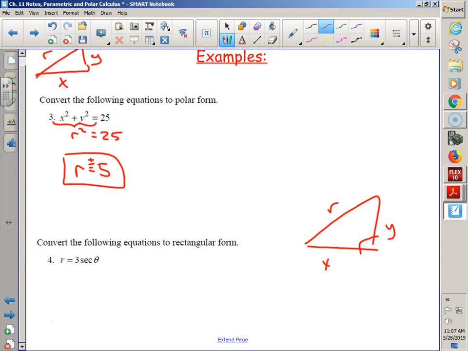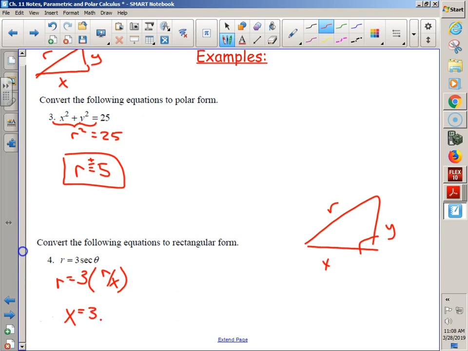Hypotenuse over adjacent. 1 over cosine. So who's hypotenuse? Who's adjacent? So can't I say r is equal to 3 times r over x? So couldn't I say x equals 3?